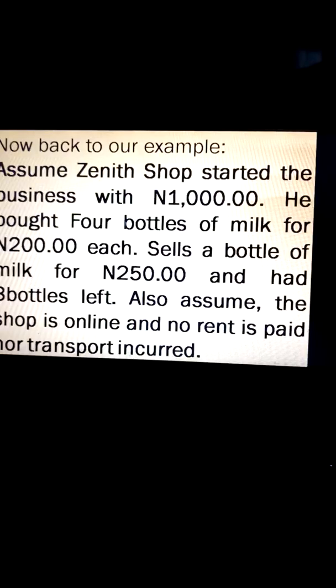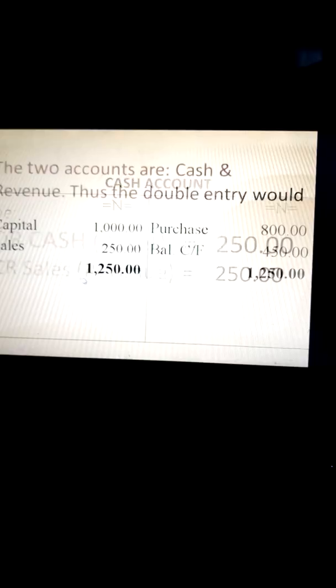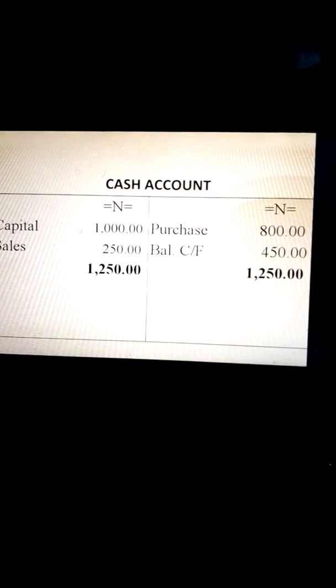So there are three events here that we'll have to look at the way they will be entered in the books. Now we are assuming that all those three events were cash transactions. So we are not looking at any credit transaction yet, so that we can understand the principles gradually.